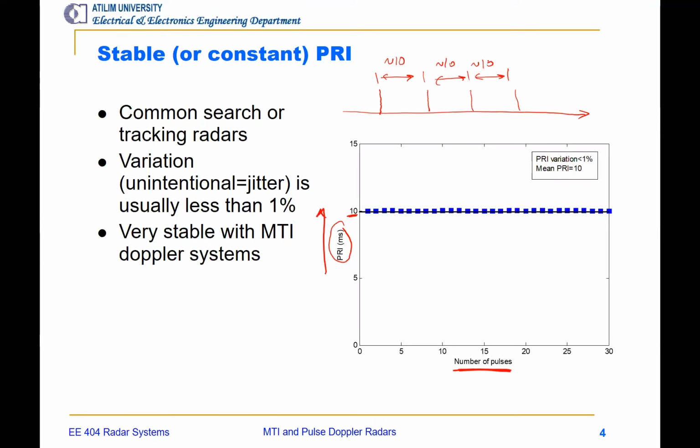We say approximately because in practice it's not easy to tune the system at exactly 10 milliseconds. There's always a jitter, a time shift or time drift, which cannot be controlled. So we have a little bit of variation there, but it's quite small. It's called unintentional variation, jitter. Mostly it's less than 1%.